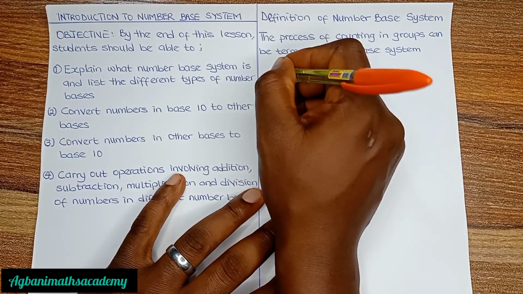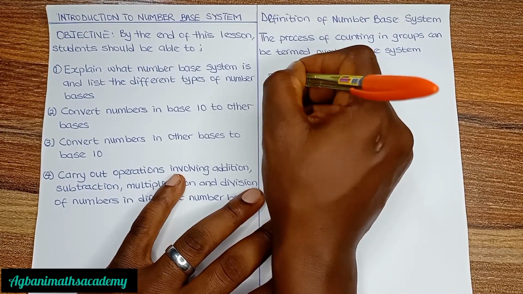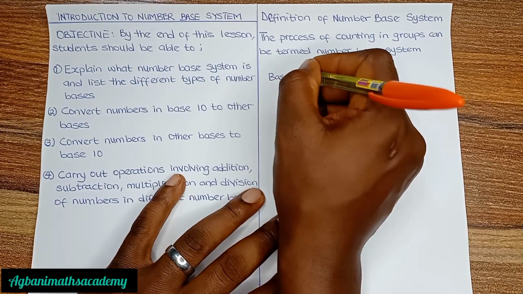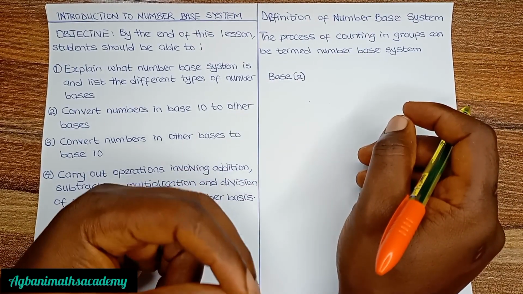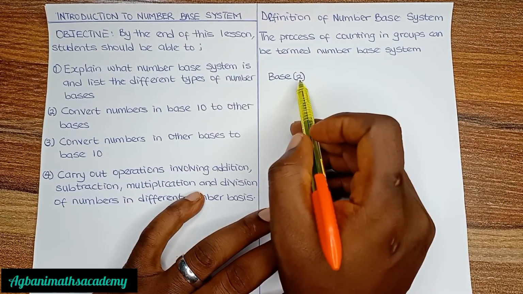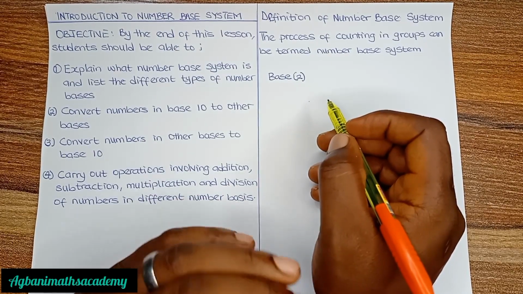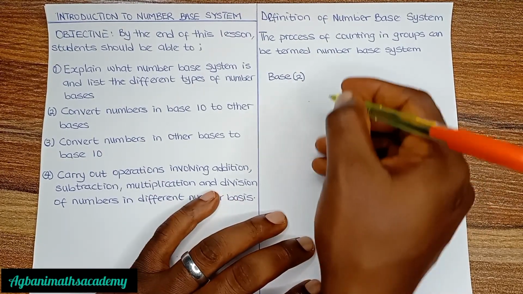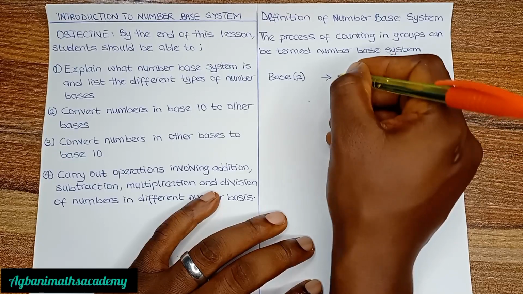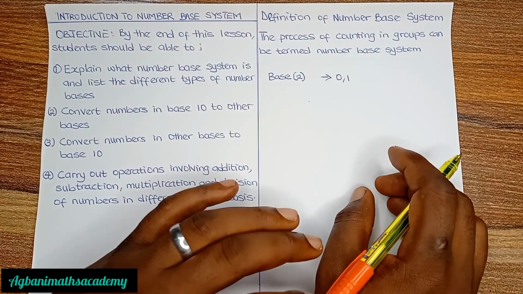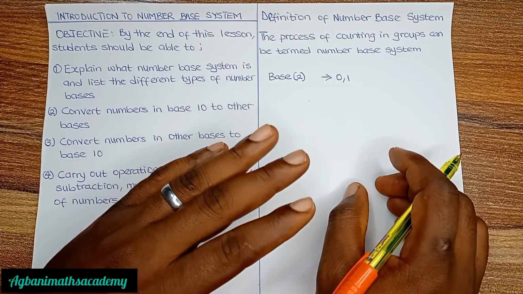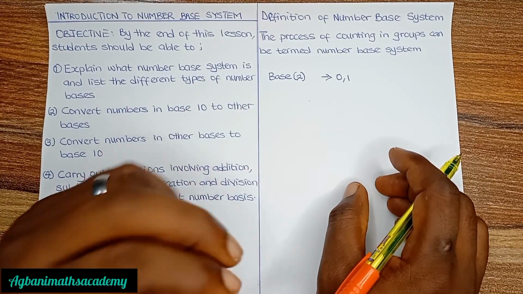The first one is base 2. Base 2 system contains only 2 numbers. What are those 2 numbers? You have 0 and 1. That means whenever you are writing numbers in this system, you can only see 2 numbers.